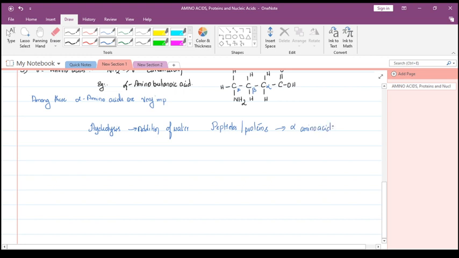Okay, now amino acids having more than one. This is the first classification: depending on the position of the amino group, the classification has been done.